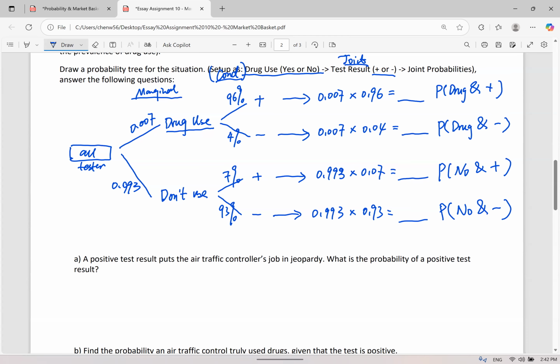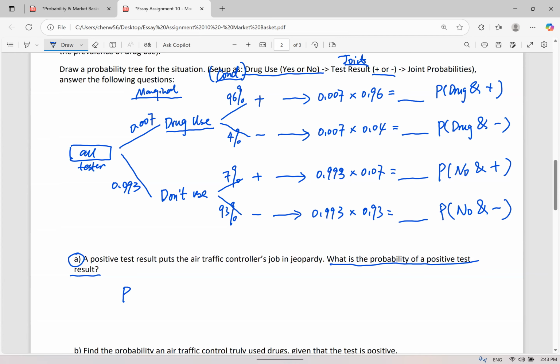All right, so now based on this probability tree, can you figure out number A and number B? Number A is asking about what is the probability of a positive test result.